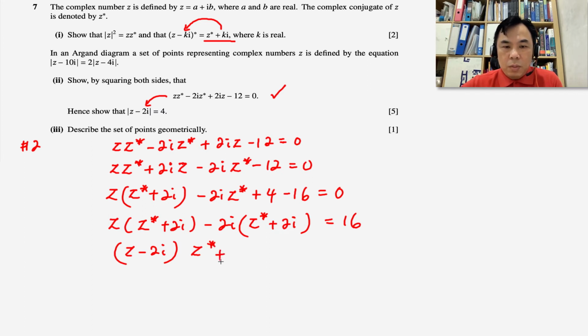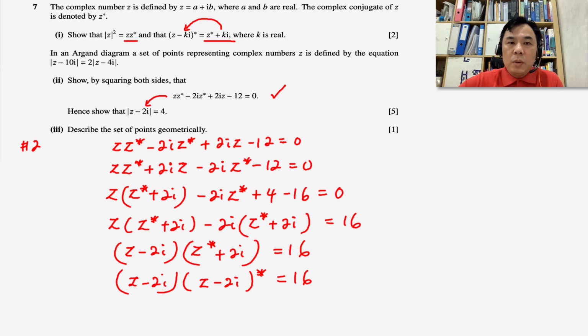Because z complex conjugate plus 2i, I can factorize it like this. And then the z complex conjugate plus 2i can be written in this form. Therefore, the modulus of z minus 2i, times its complex conjugate, is equal to 16. We know from the first proof that the product of a complex number and its complex conjugate gives the square of the magnitude of the complex number, so this is the square of this.